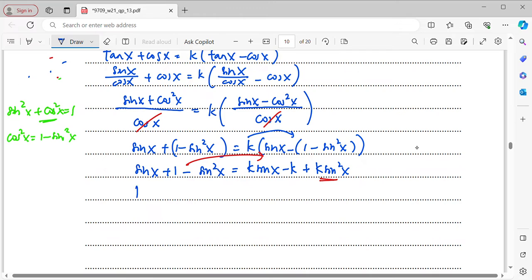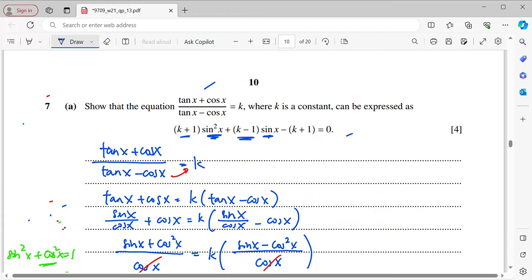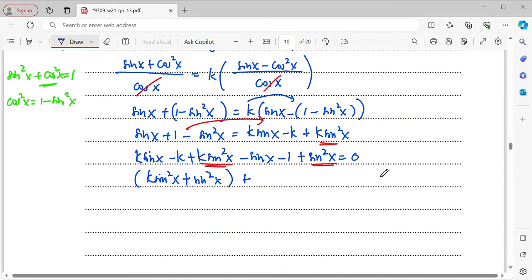So I will be getting k sine x minus k plus k sine square x, then minus sine x minus 1 plus sine square x equals to 0. Then from here, my k sine square x and the sine square x will be the first term. So it will be k sine square x plus sine square x as the first term. And then by looking at the answer, k minus 1 times sine x, so I will rearrange first.